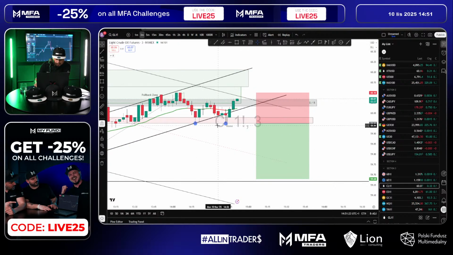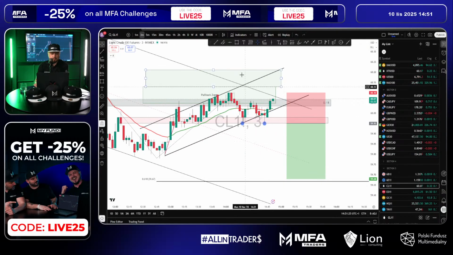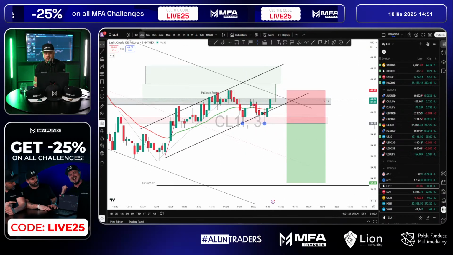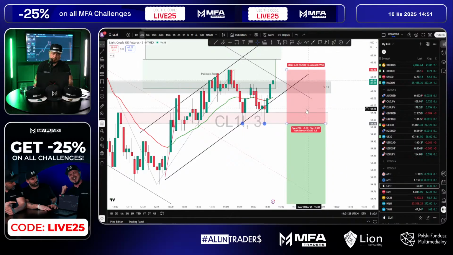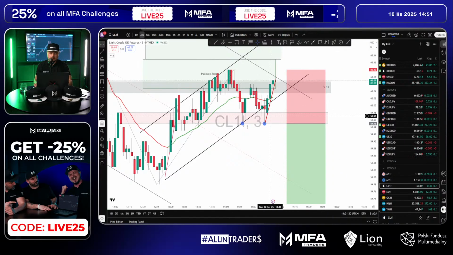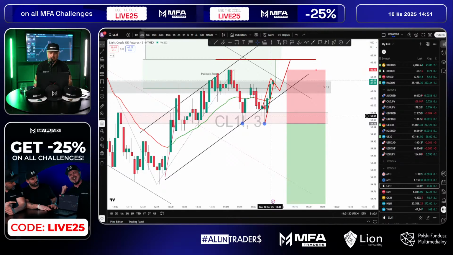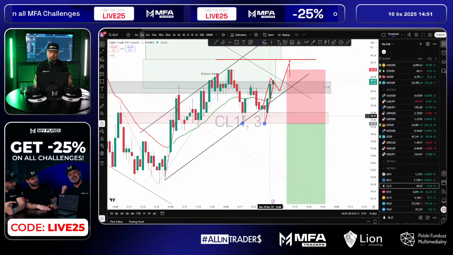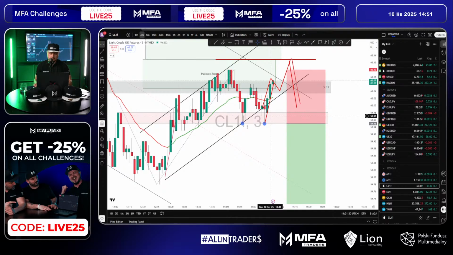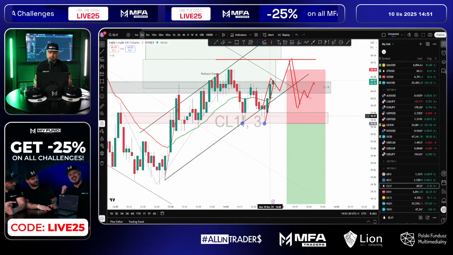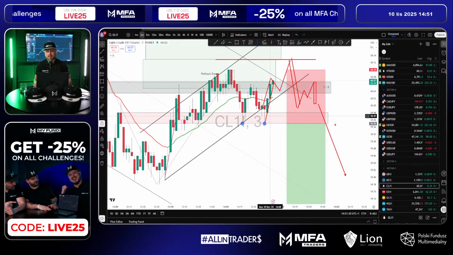Yes, this is confirmed bearish rotation, which is good. Okay, that's fine. Now we can wait for bullish rotation, maybe to this level of 50%, and then bearish rotation. And we're gonna open the trade.